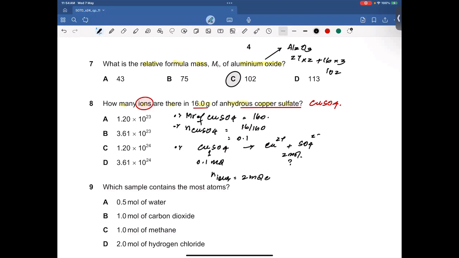So in order to calculate how many ions, we need to multiply this value by Avogadro constant, which is 6.02 times 10 to the power 23, into 2, multiplied with 6.02 exponent 23. So it's going to be 1.204 into 10 to the power 23.